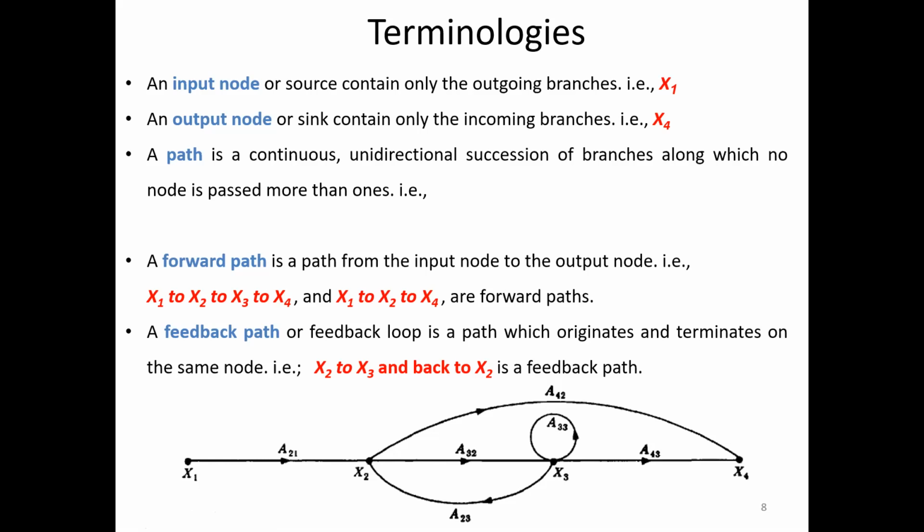I take the branch a32 and move to x3, and I come back to x2 through the branch a23. I reach my x2 node back. So what I did: I started my journey from a node, traveled in the graph, and came back to the same node. That's what we call a loop, a closed path or a loop.